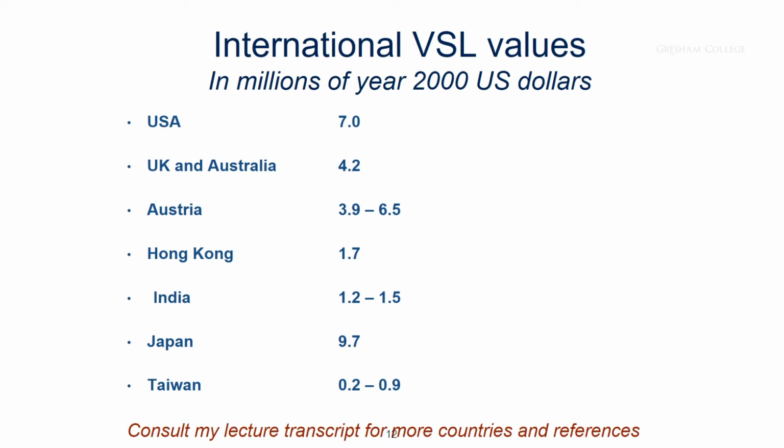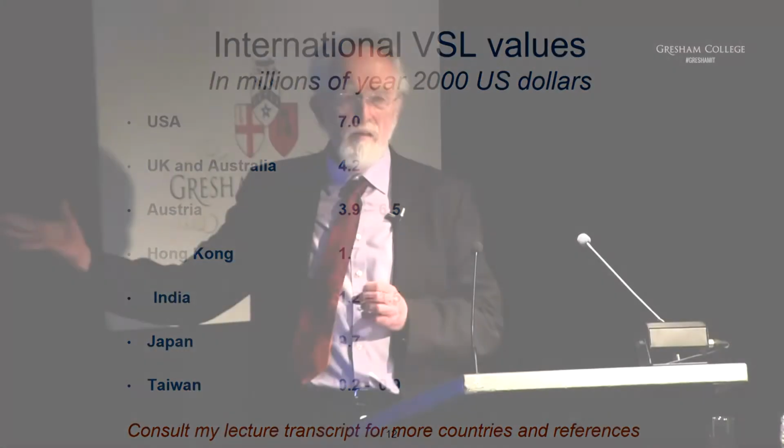And as you can see, it varies fairly dramatically from $7 million in the USA to 9.7 in Japan, to less than $1 million in Taiwan, to just a bit under 2 million in Hong Kong, and so on. And actually, the calculations, I guess, are quite tricky to do, because you have to make a lot of assumptions.